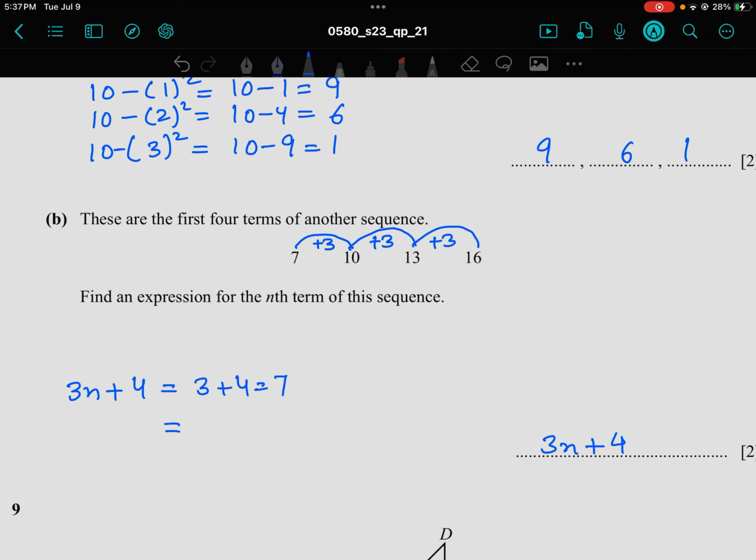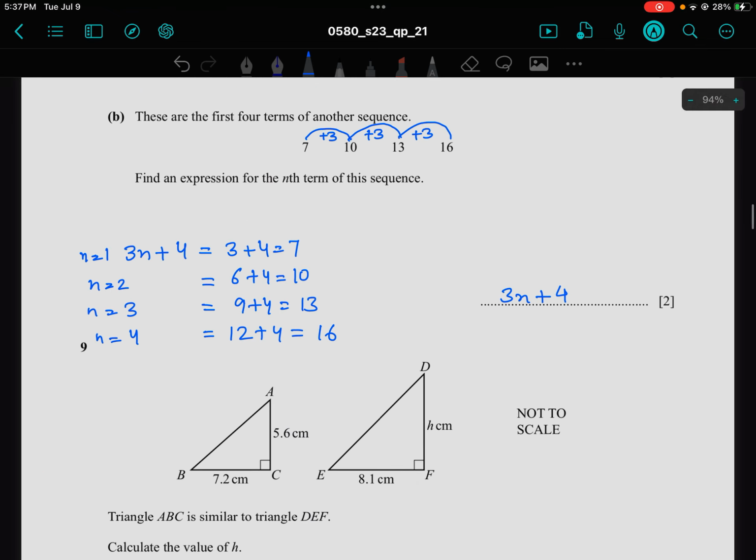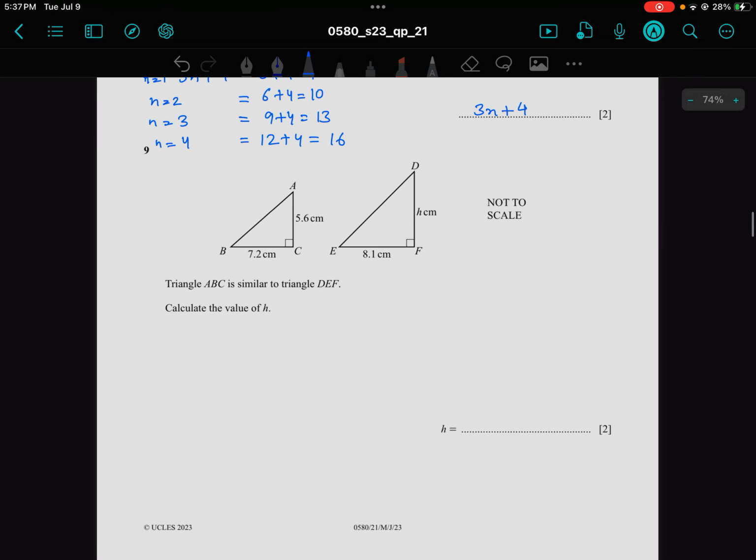For n equals 2, 3 2s are 6 plus 4, 10. N equals 3, 3 3s are 9 plus 4, 13. N equals 4, 3 4s are 12 plus 4, 16. So we are getting the sequence like this.